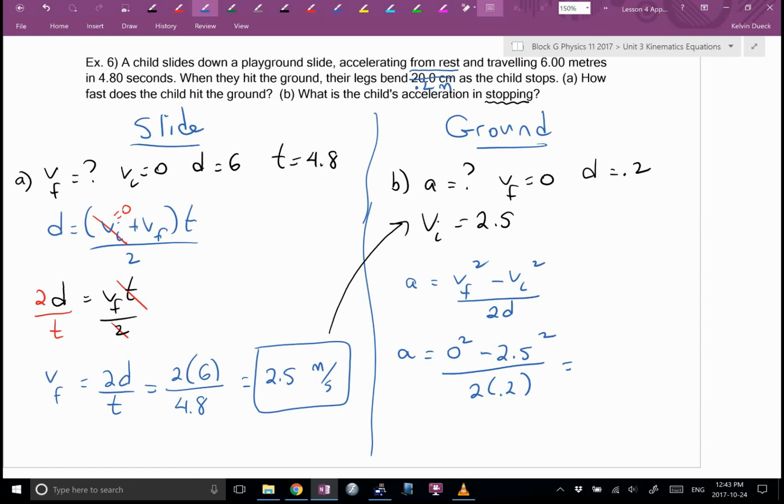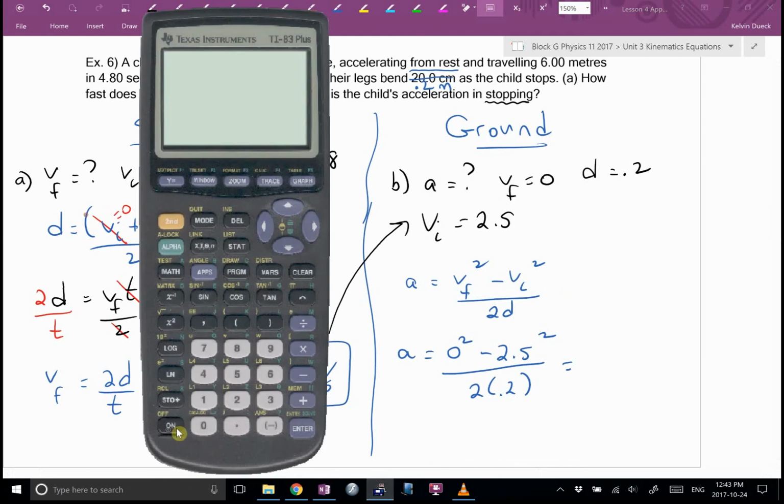Those of us that are schlepping with the older calculators, is this a fraction? Everybody say yes. More than one thing on the top, Mackenzie? Yeah, brackets around the top. More than one thing on the bottom? Brackets around the bottom. So for me to type this in, it's going to look like this. Zero squared minus 2.5 squared.